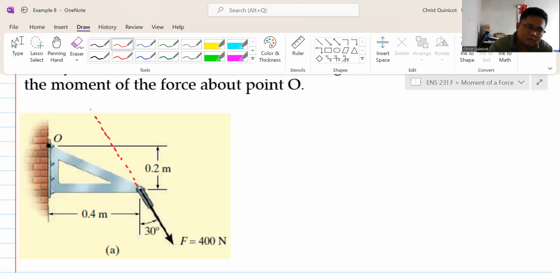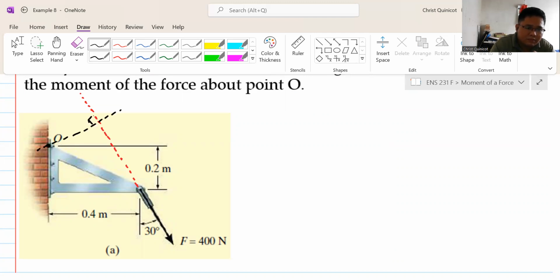And then from there, we will create a line that will pass through point O and will bisect the line of action of our 400. When I say bisect, I mean perpendicular to our line of action, passing through point O. So I am referring to this perpendicular distance.